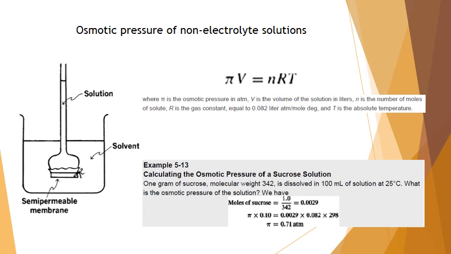Before going into the details of the osmotic pressure, I just want to give you some concepts of solutions of non-electrolytes. Now imagine that you have two liquids. The first one is a solution of a non-electrolyte, like an aqueous solution of sucrose, and the other liquid is just water.